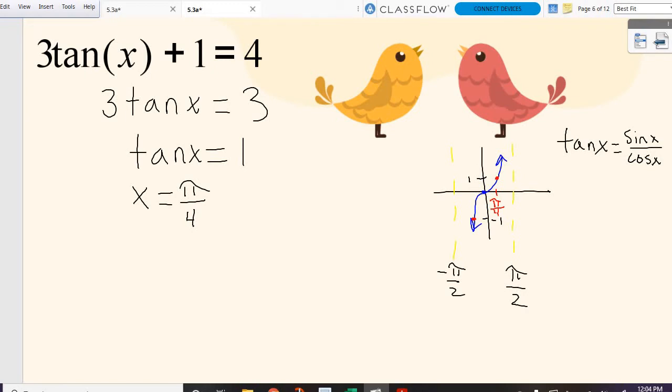So in order for tangent to be 1, we know that sine has to equal cosine. And remember that the only place that this happens is at pi over 4 because sine of x and cosine of x are both square root of 2 over 2. Yeah, with me?